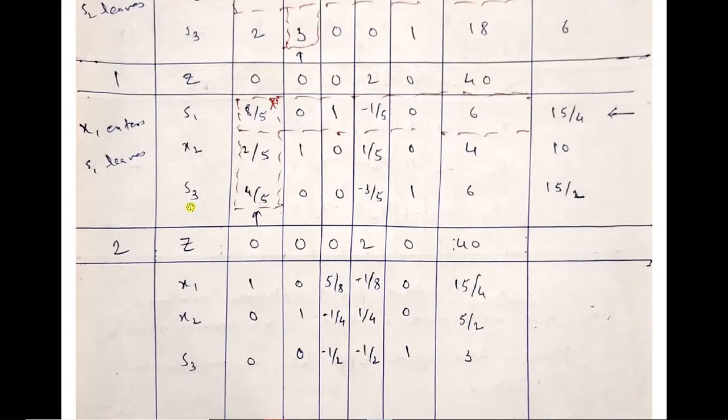Then for s3, element of s3 is 4 by 5. So we will multiply x1 by 4 by 5. So operation in s3 is s3 minus 4 by 5 x1. So you are getting these entries. So observe here, all the elements are either 0 or greater than 0. So alternate optima is x1 15 by 4, x2 5 by 2 and z max is 40.